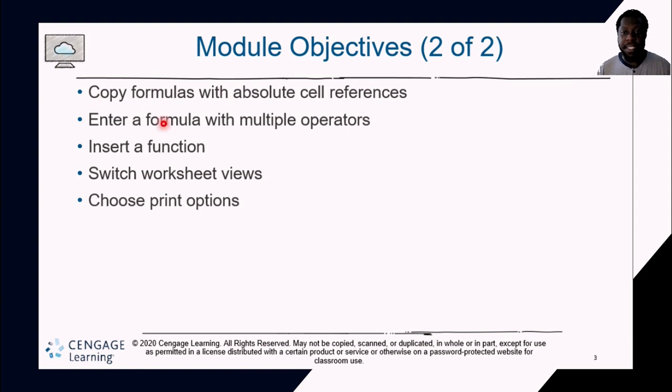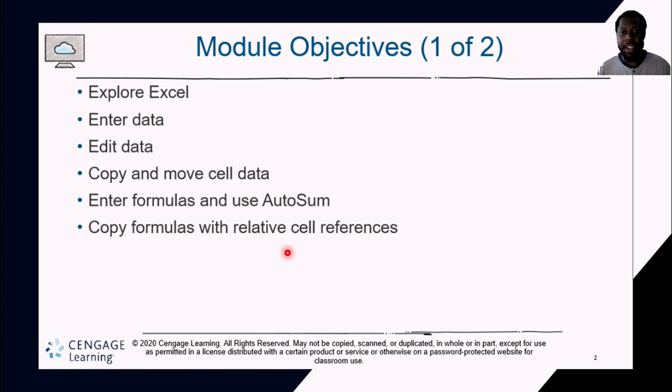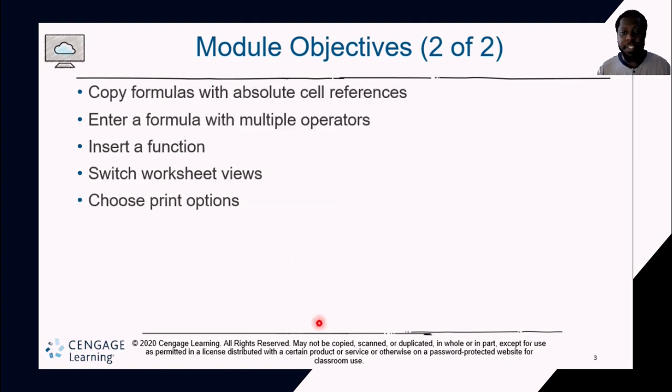We'll try and look at formulas with absolute references. So initially we made mention of the relative references, and we're talking about absolute references. I will explain what all of this entails by way of demonstration, of course. Entering formulas with multiple operators, inserting a function and switching worksheet views, and of course choosing print options.